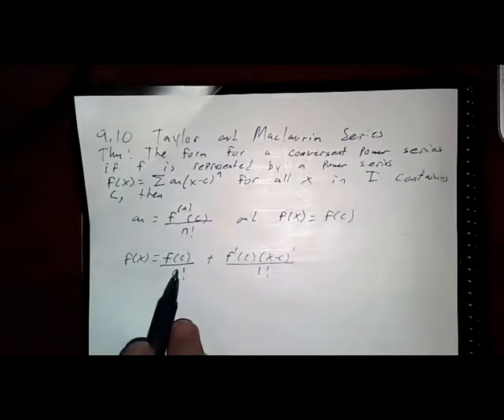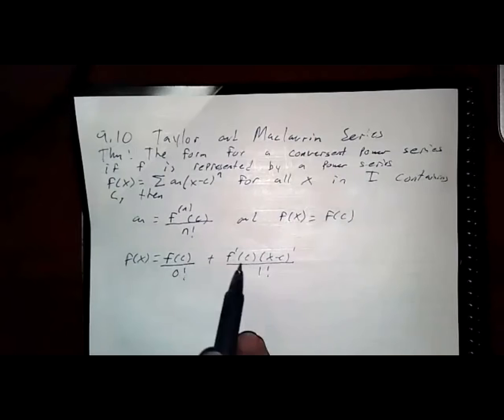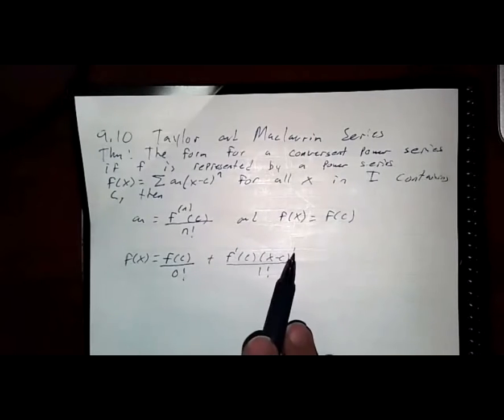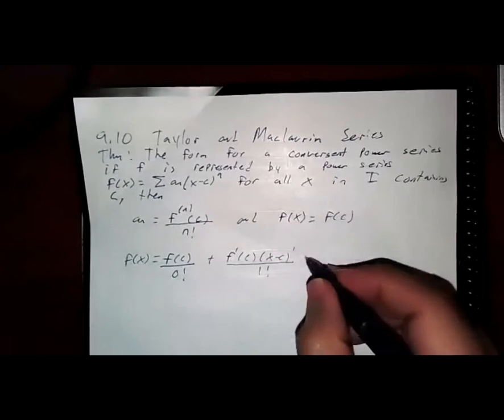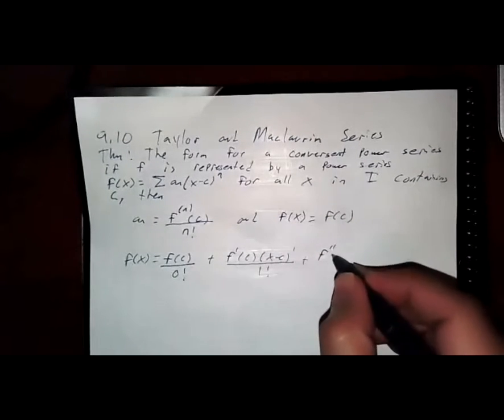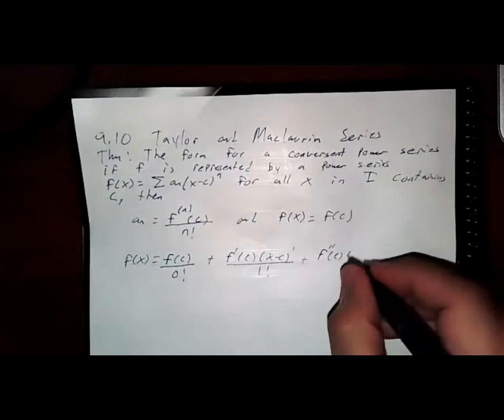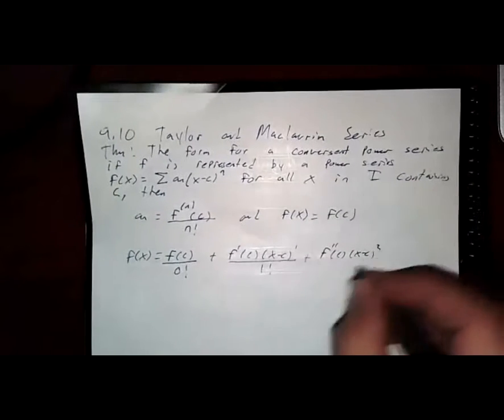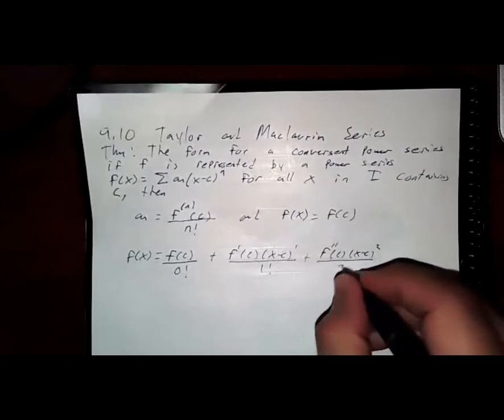This is the 0th term, no derivatives. First term, first derivative, first power, 1 factorial. Second derivative, x minus c squared, 2 factorial.